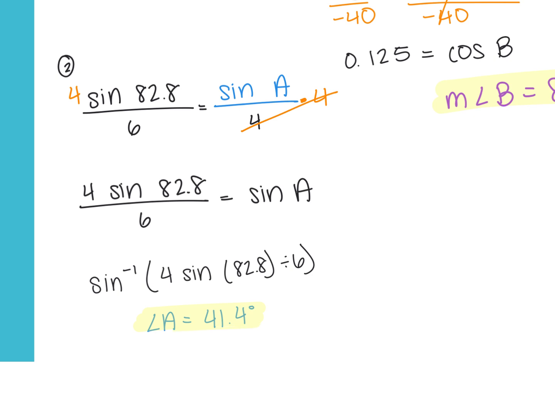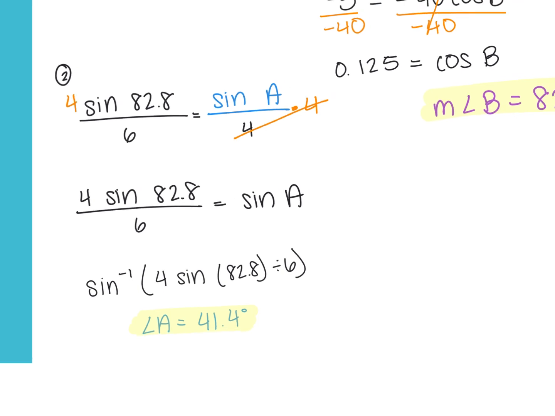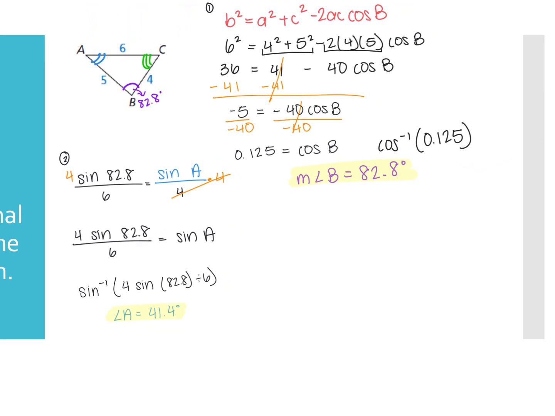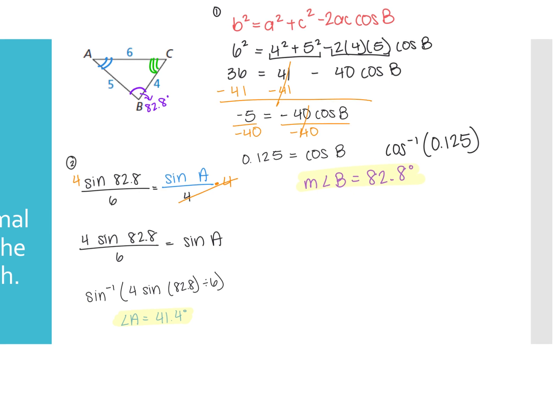All right, now that I have 2 out of my 3 angles, do I have to use law of sines and cosines to find my third? No, I do not. What do I have to do now? Good, I can subtract them all from 180. So I'm looking for angle C. I'm going to subtract 180 minus 82.8 minus 41.4.